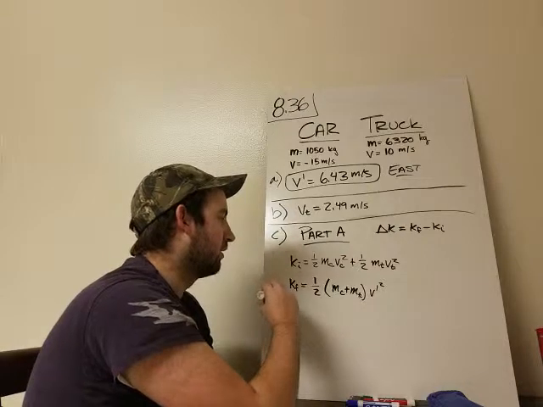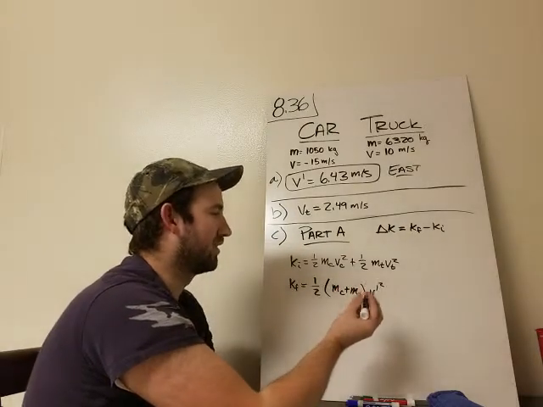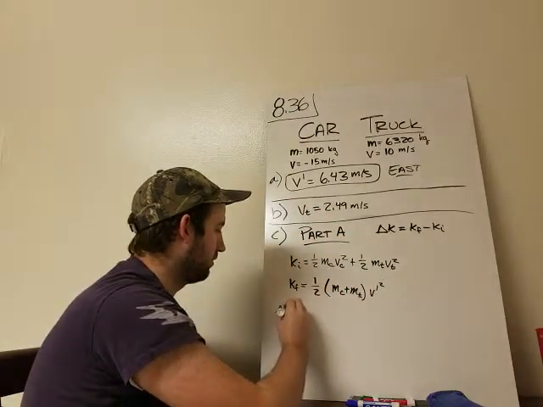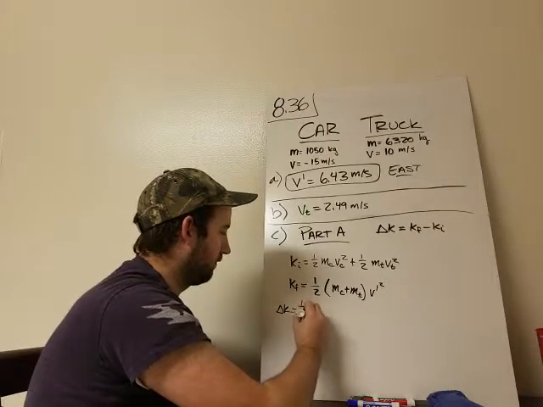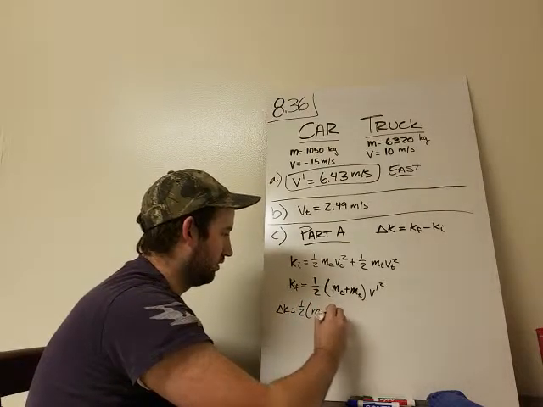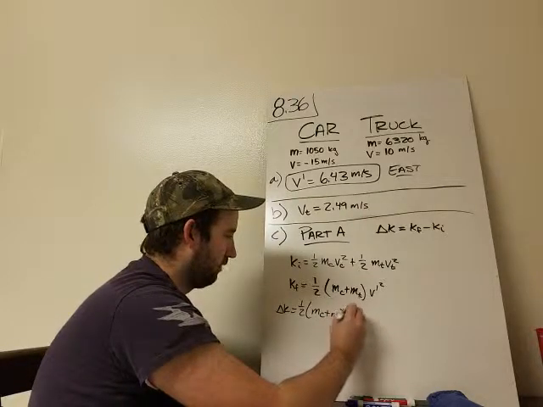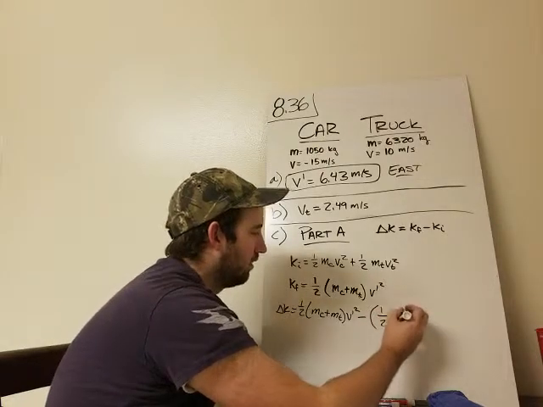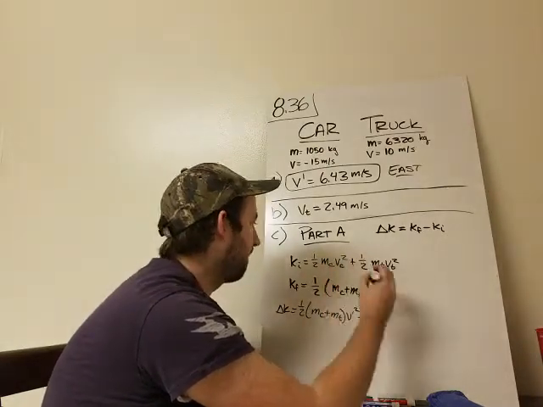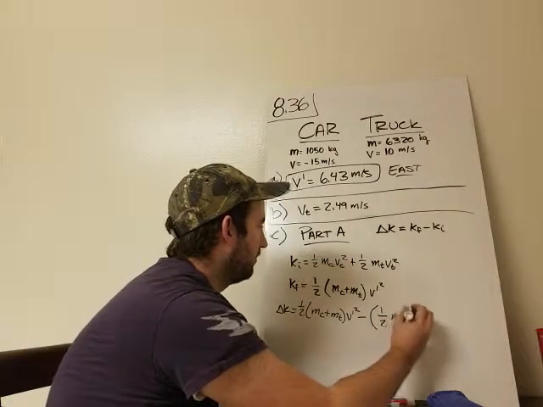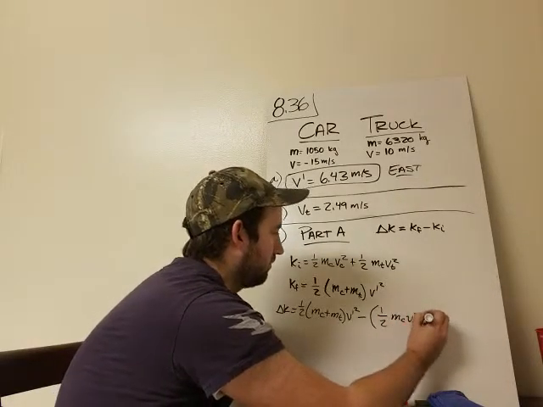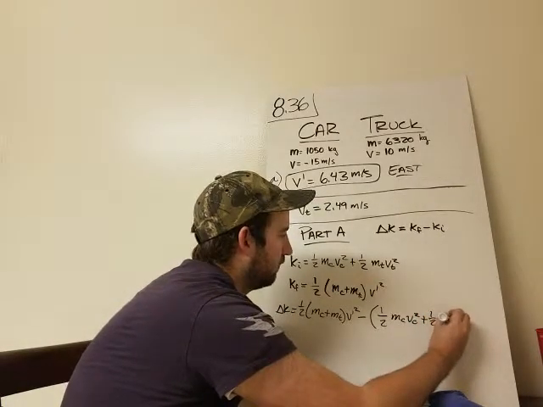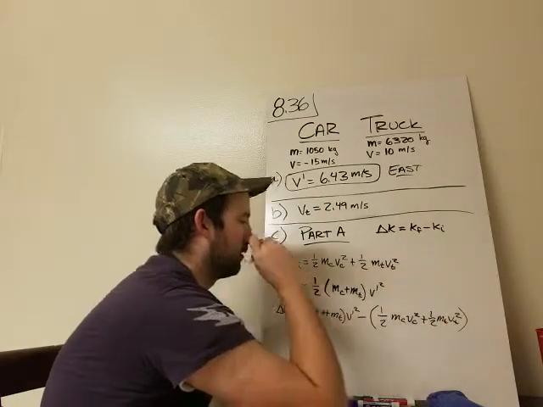Really we could just plug it in and make it a little easier, but I guess I'll write it out. So delta K equals 1/2 (mc plus mt) v prime squared minus all of 1/2 mcvc squared plus 1/2 mtvt squared.